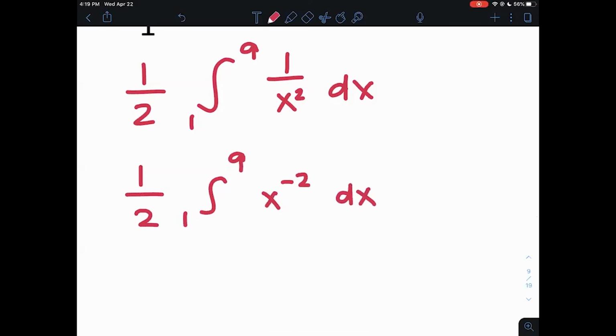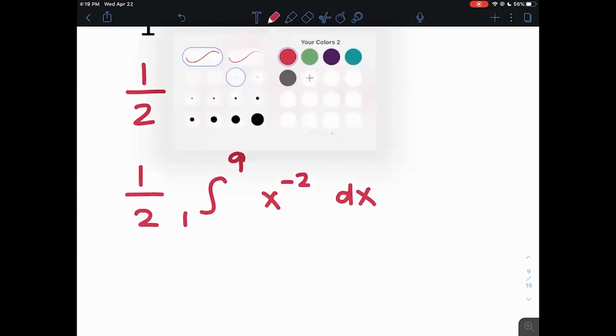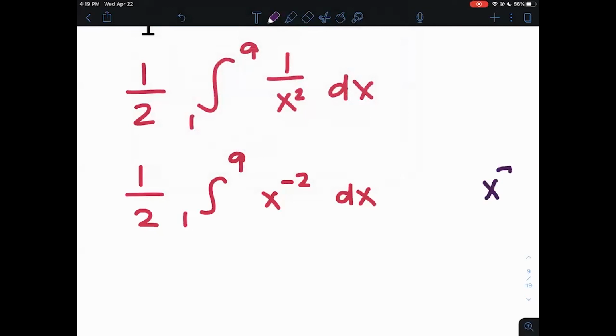And then we can essentially undo the power rule. If we were taking a derivative of something like, let me go off to the side here, x to the 7th power, well, we would bring down this 7 and then subtract 1. So we need to do the opposite of that in order to get the function that gave us a derivative of this.